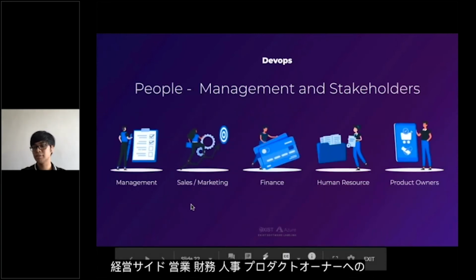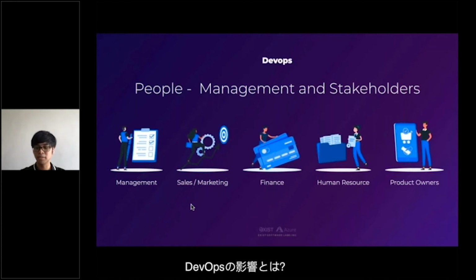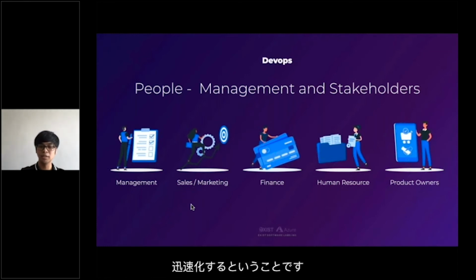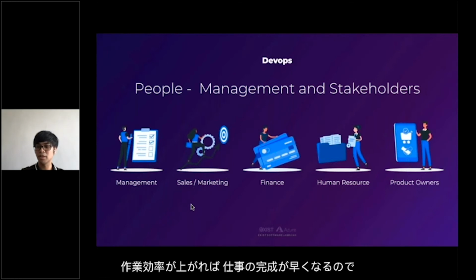So for management, for sales, for finance, your HR, and your product owners, how does DevOps affect them? So for management, of course, making things more efficient means faster time to deploy or to release into production. The more efficient people are, the faster the work is done.